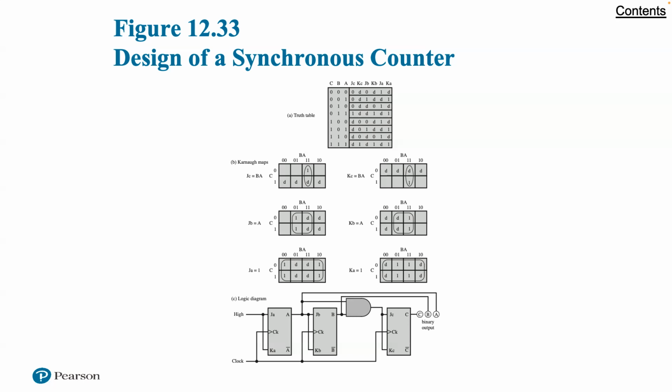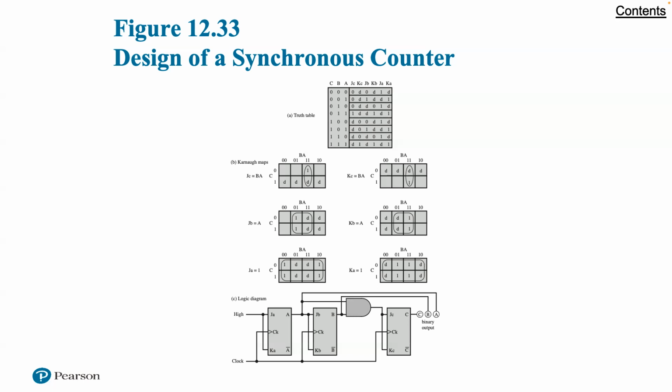The excitation table shows that to maintain an output of 0, we must have inputs of J equals 0 and K equals don't care. To effect a transition from 0 to 1, the inputs must be J equals 1 and K equals don't care. These values are shown in the first row of the table. By similar reasoning, the remainder of the table can be filled in.